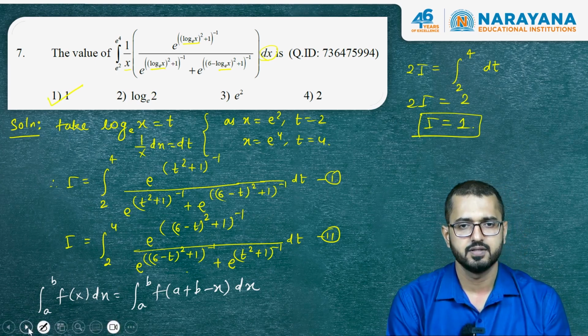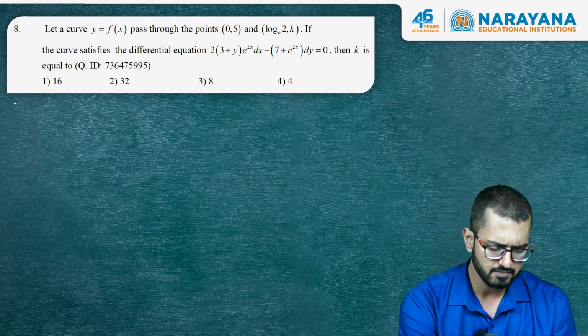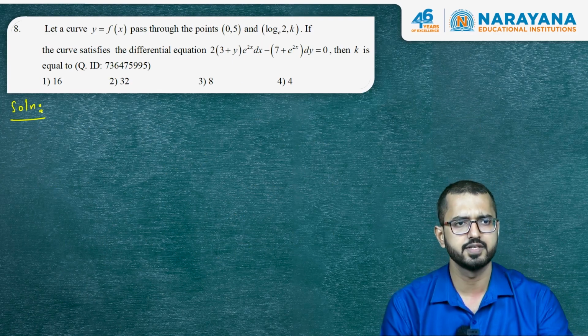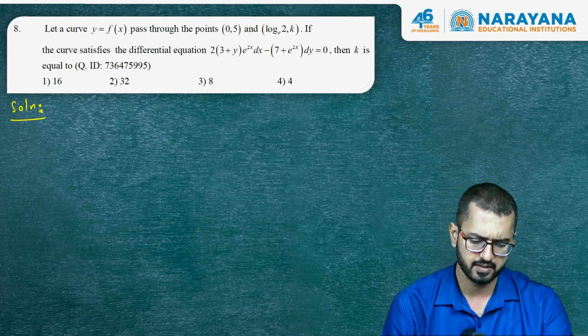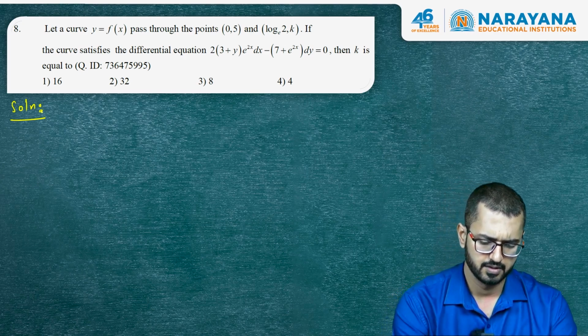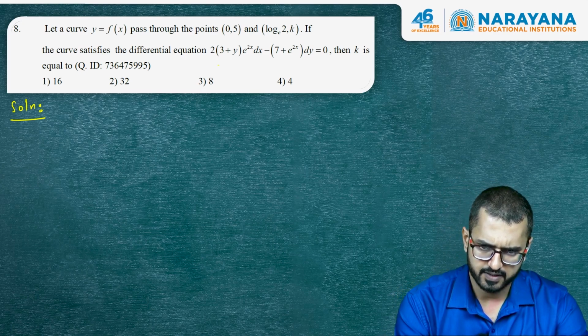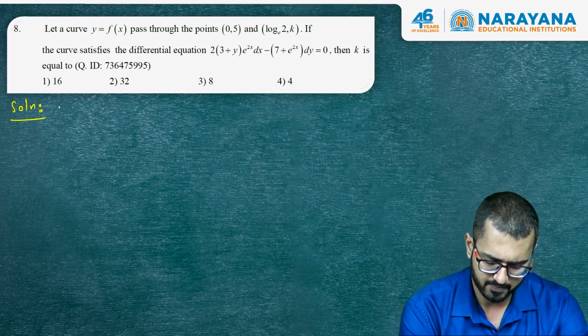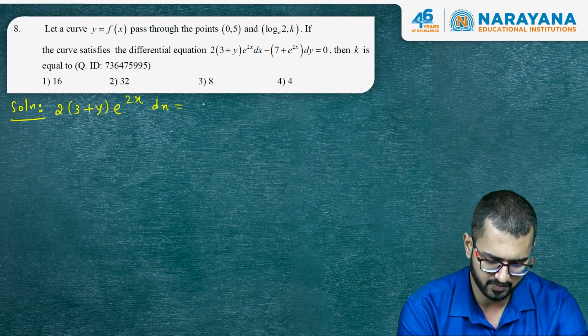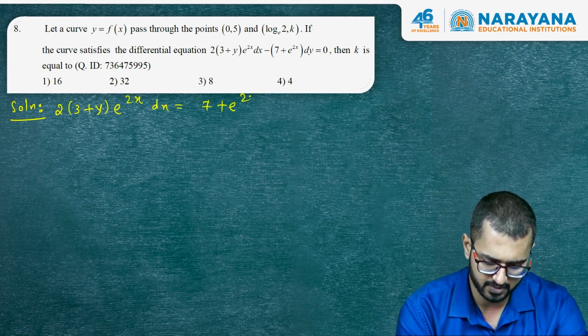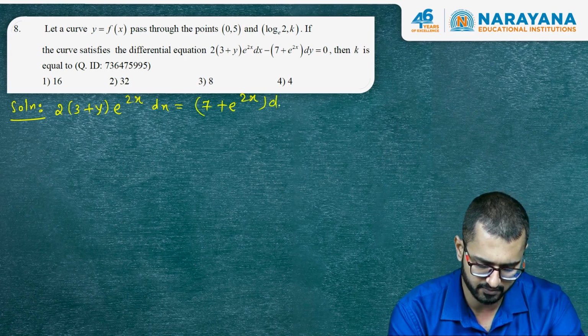Coming to the next question, question number 8. Question number 8 is now from differential equations. We have a curve passing through the points (0, 5) and (ln 2, k). If the curve satisfies the differential equation, our goal is to handle this differential equation. So we'll write down e to the power 2x dx will be equal to (7 plus e to the power 2x) dy.